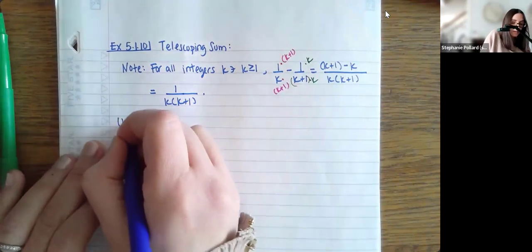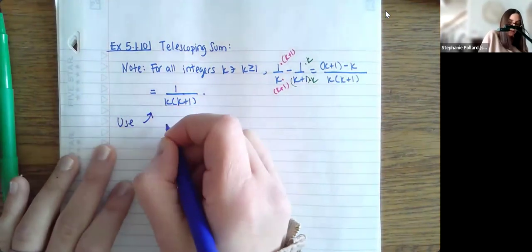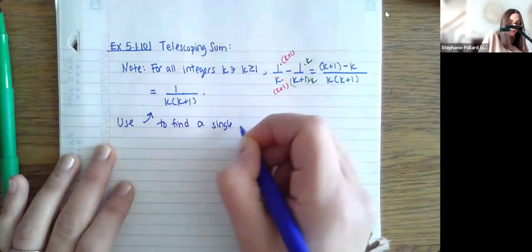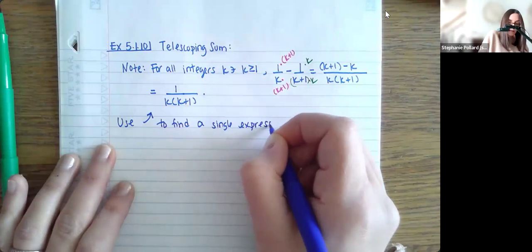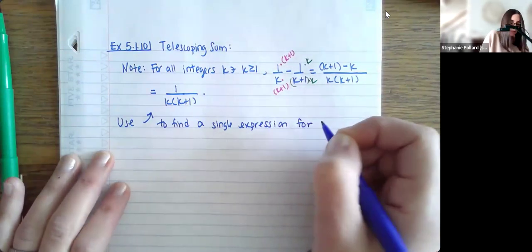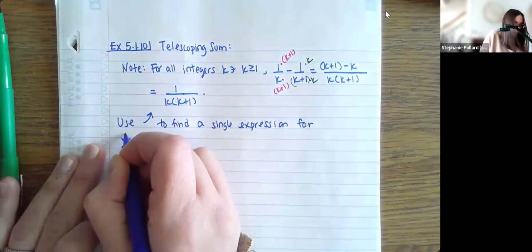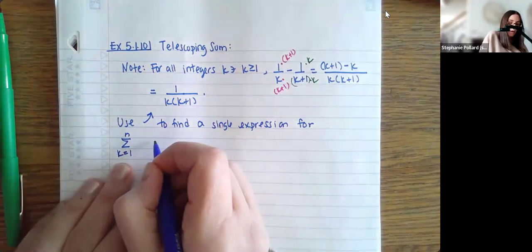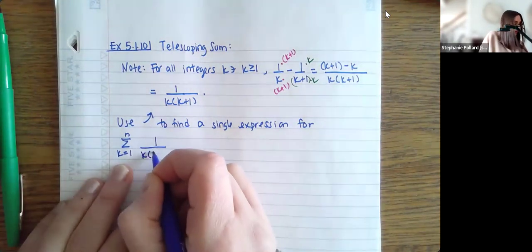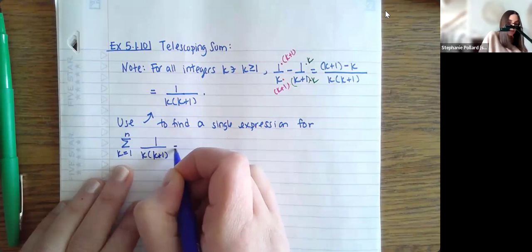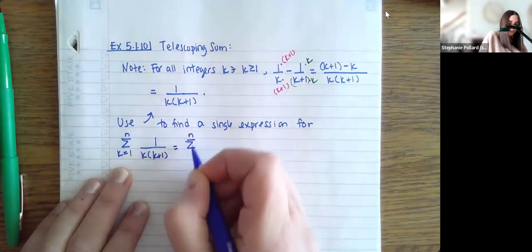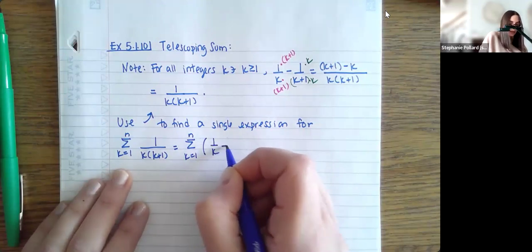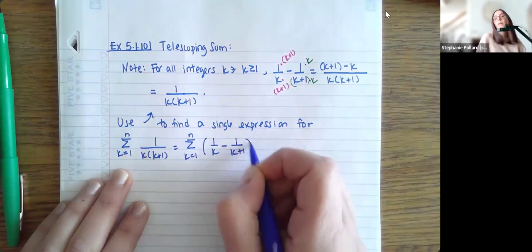So we're going to use this that I just did to find a single expression for the sum from k equals 1 to n of 1 over k times k plus 1, which is also the same thing as the sum from 1 to n of 1 over k minus 1 over k plus 1.